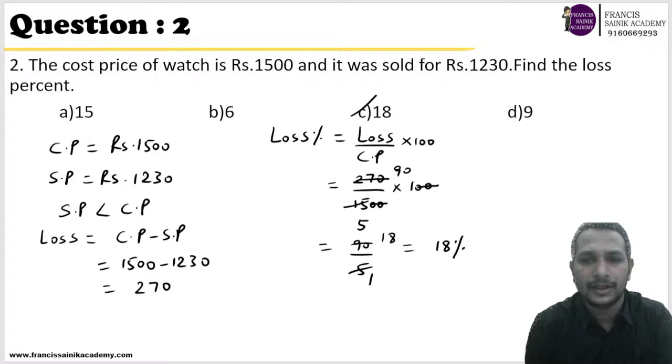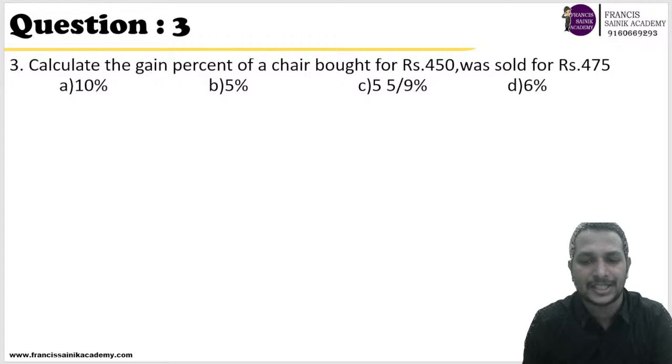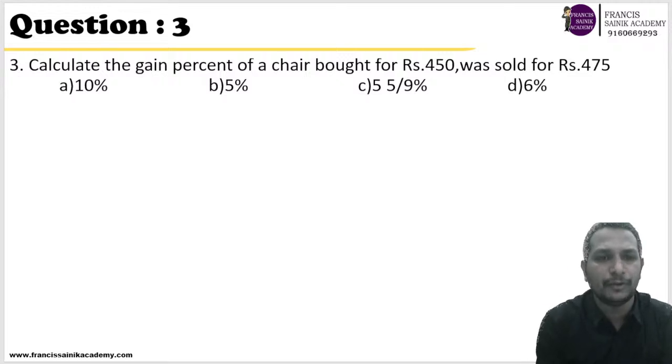Here they're asking to find the loss percentage, which is loss by CP into 100. Next question: calculate the gain percent of a chair bought for rupees 450 and sold for rupees 475. Here also they gave the cost price and selling price.